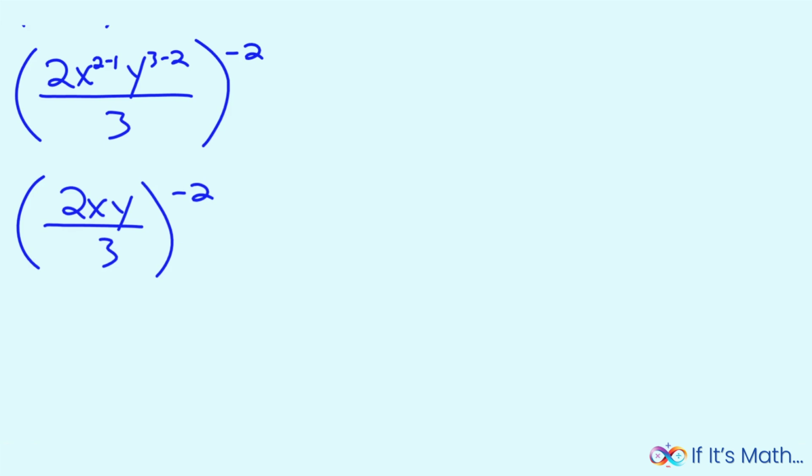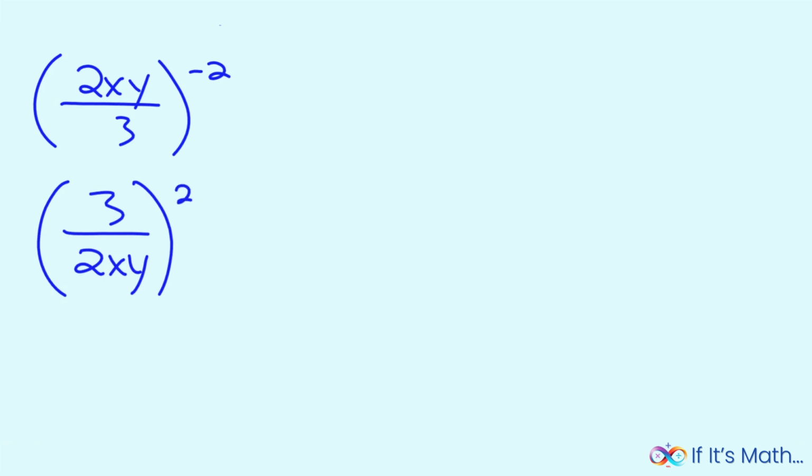So the next rule we're going to need to use here is, I want to distribute this exponent through, but it's a negative exponent. So remember, what happens when you have a negative exponent is that you flip the numerator and denominator and then make this a positive exponent. So this is going to become 3 over 2xy raised to the positive 2nd power.